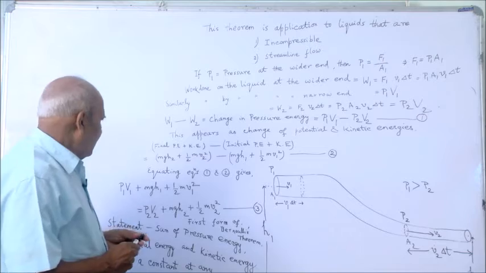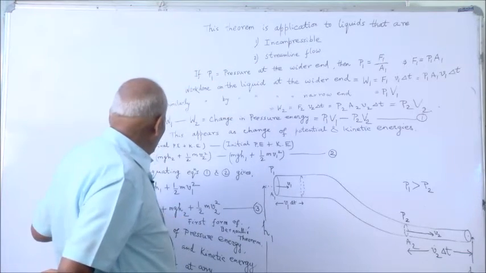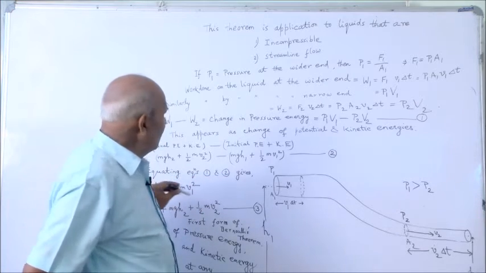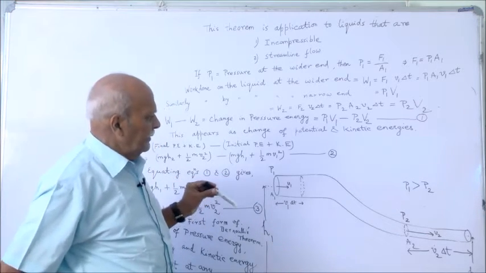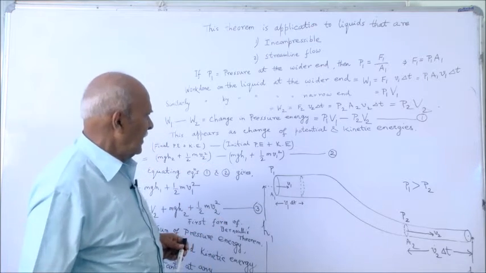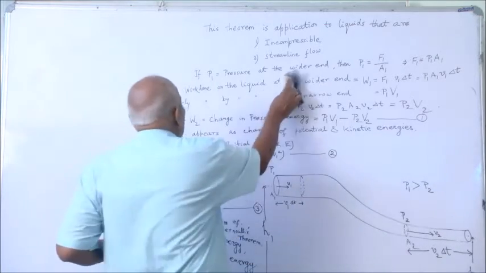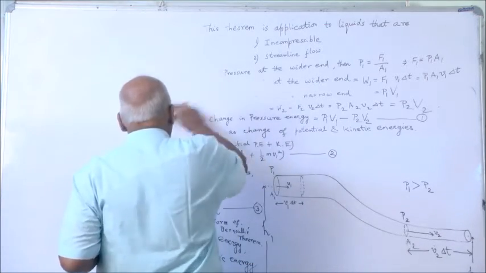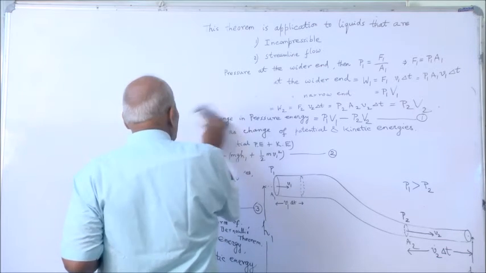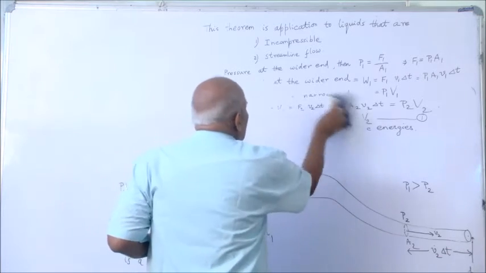Then we have noted that it is a streamline flow. So, for streamline flow there must be smooth flow. So, volume of liquid flowing at any cross section must be the same. So, we can find the other forms. There are two other forms of the Bernoulli's theorem that we will derive.